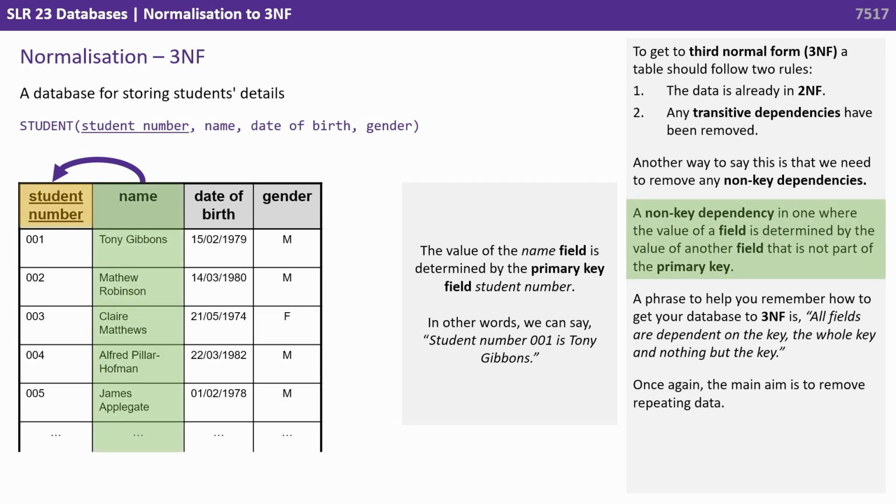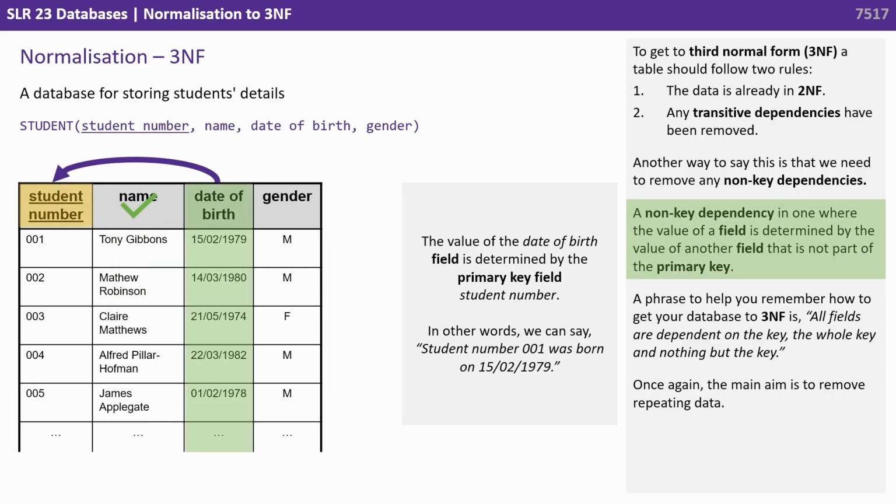So we can see here the value of the name field is determined by the primary key field student number. In other words, we can say student 001 is Tony Gibbons. The value of the date of birth field is determined by the primary key student number. In other words, we can say student number 001 was born on the 15th of the 2nd, 1979.